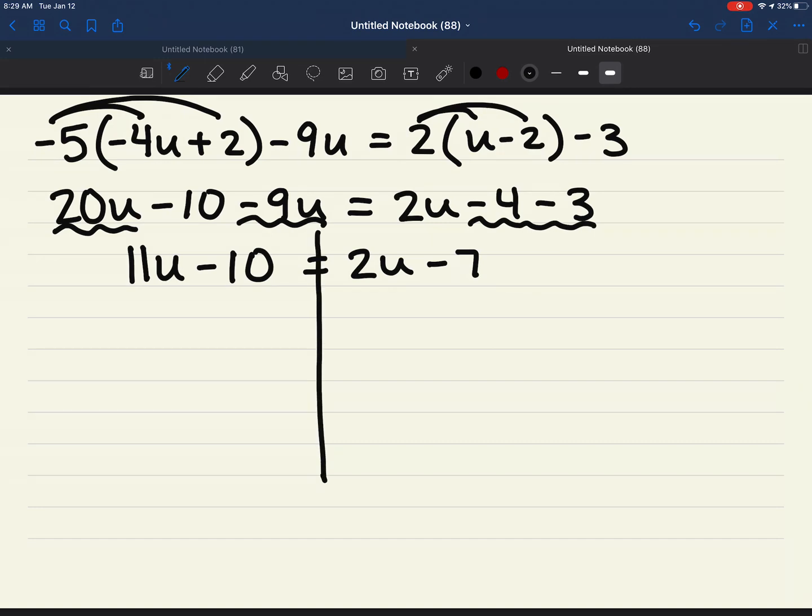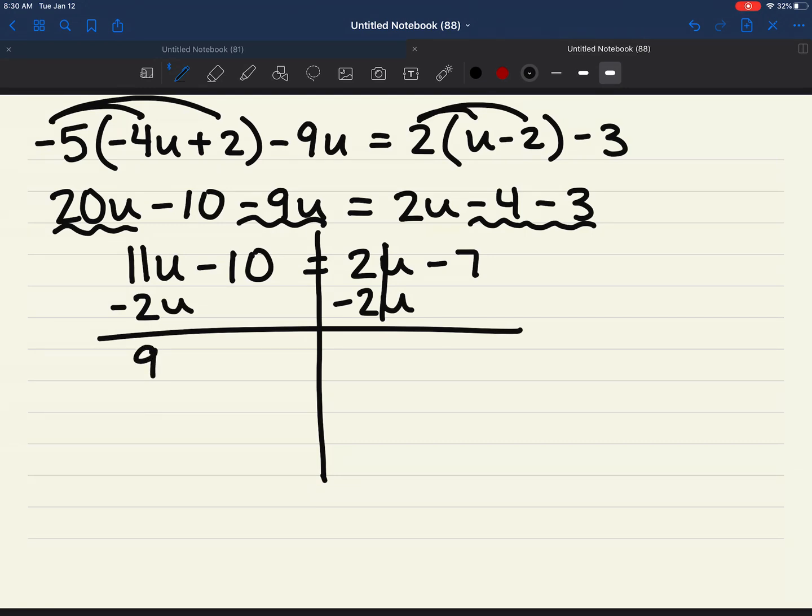Now you can draw your equal sign, and we're gonna move the smaller variable first. Which one's smaller, 11u or 2u? 2u. Good, because it's positive, so we do the opposite. What's 11u minus 2u? 9u, equal to what? -7.